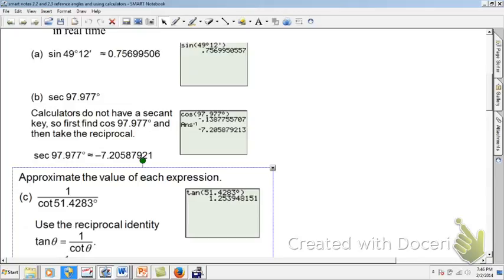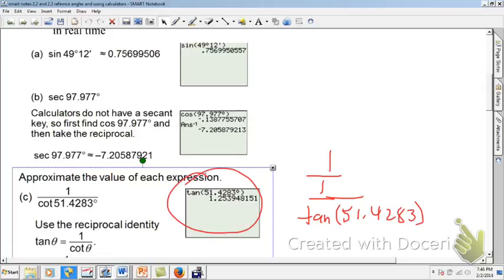So if I found 1 over tangent of 51 degrees, but then if you think about that as a complex fraction, and in fact I'll even write that here, 1 over tangent of 51.4283 degrees. That's the same thing as saying tangent of 51, so that's why we end up just typing tangent. 1 over something is just going to send you right back to tangent of 51 degrees.